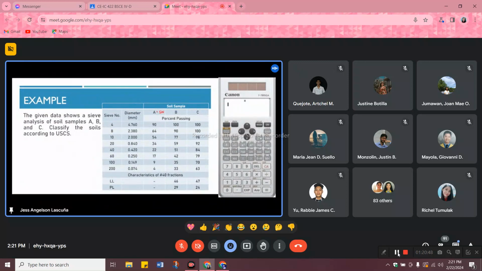So the first step is to determine the number 200 and then number 40. The number 200 is less than 50, meaning we know that it is a coarse material. Since passing is 100, we know that it is sand.